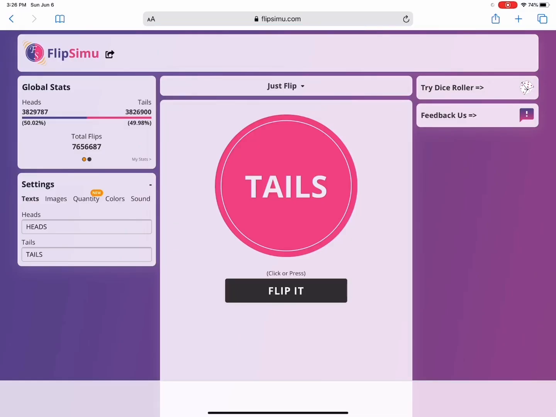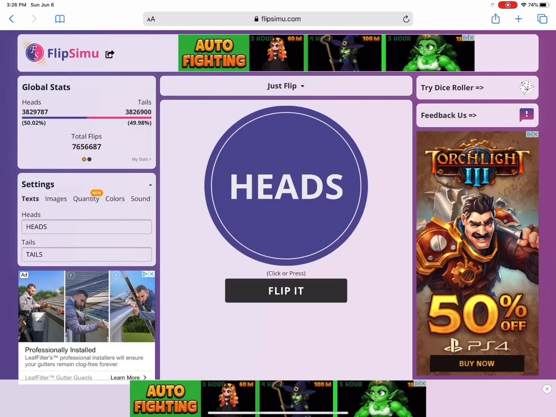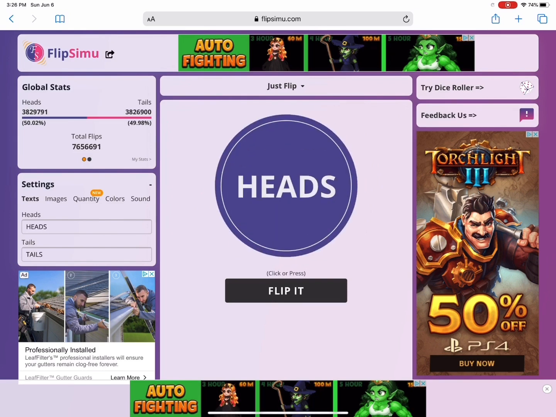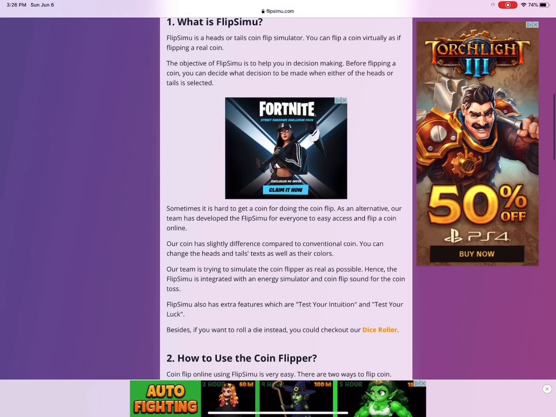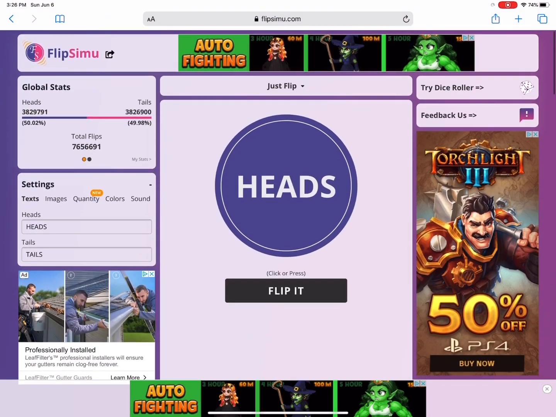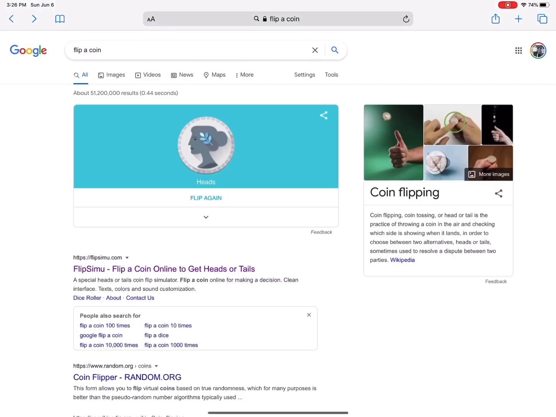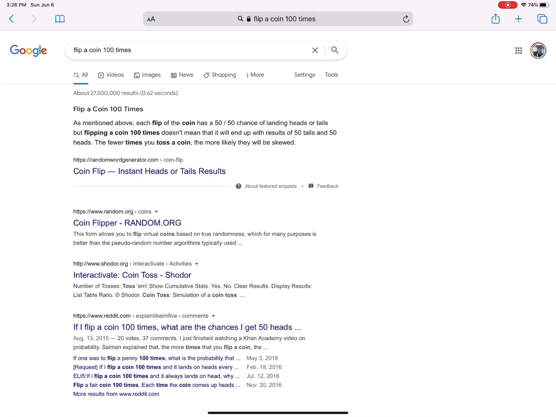So I mean, you can flip, and then that's a head, right? You can do it 100 times, or actually, maybe just flip a coin 100 times, just like that.